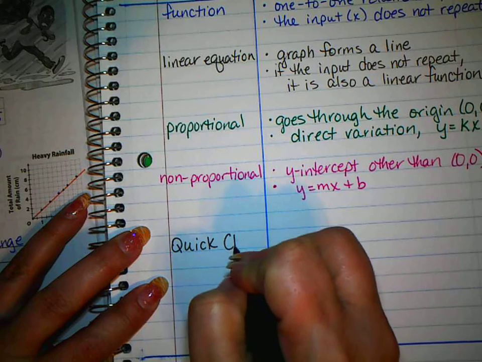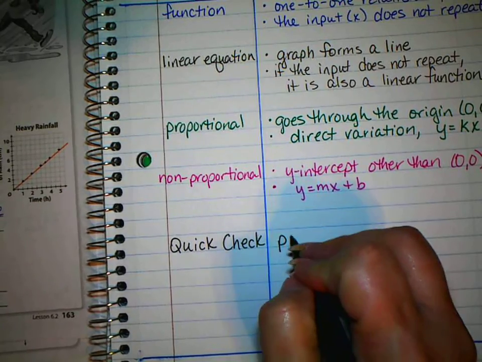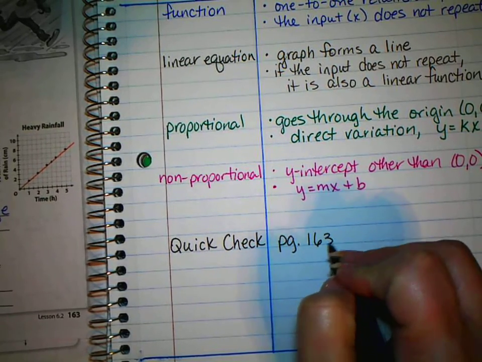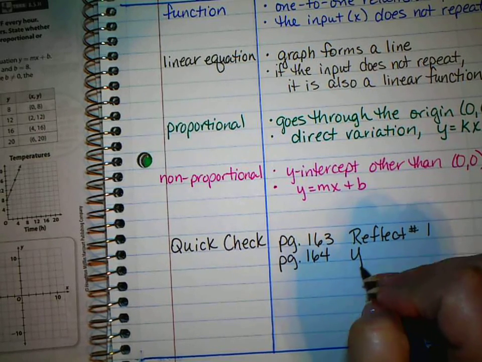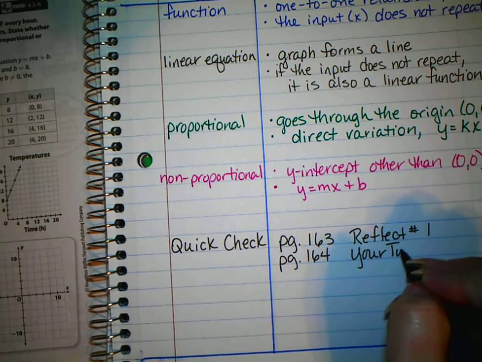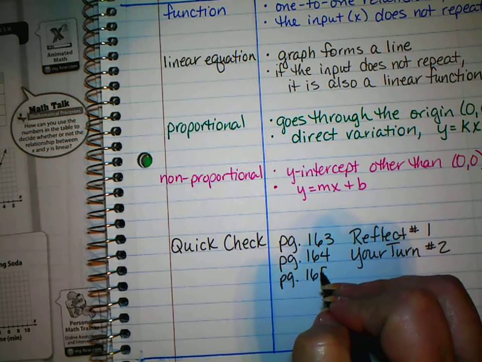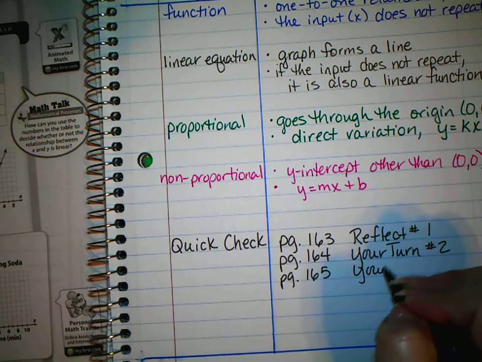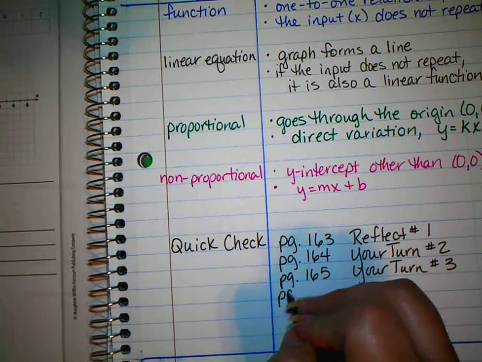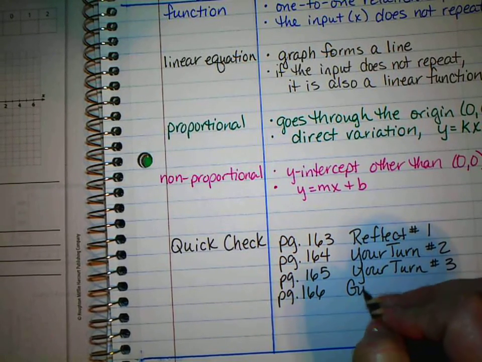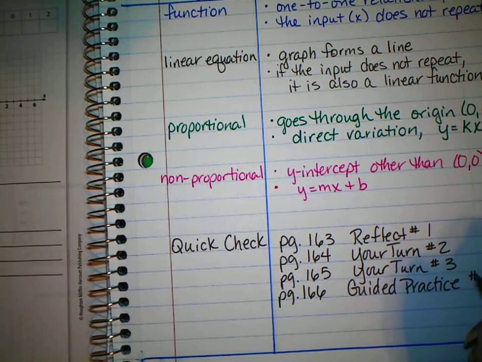If I go back through those pages, you have page 163, reflect number 1, 164, your turn, number 2, page 165, your turn, number 3, and then page 166, the guided practice, numbers 1 and 2.